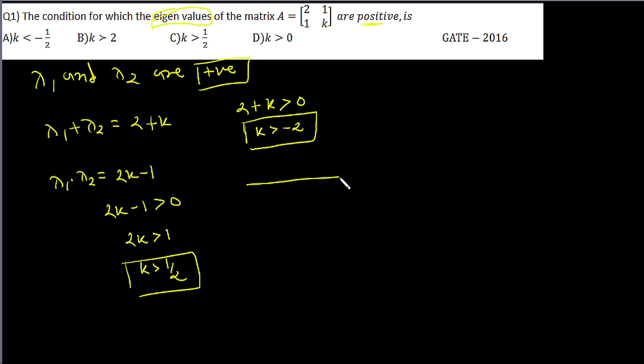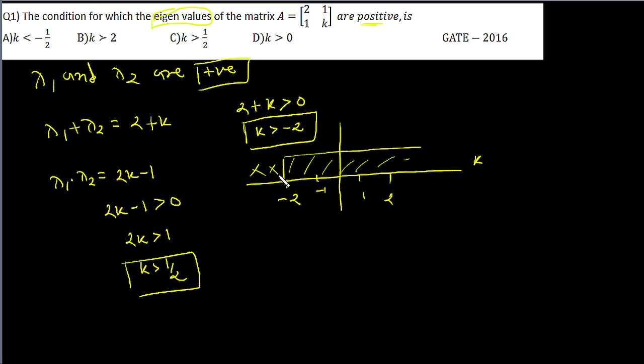Let's draw these conditions on an axis, and suppose this represents the value of k. Here is minus 2. The first condition says the value of k must be greater than minus 2, so we can select k from this range, and we cannot select k from that range. The second condition says k must be greater than 1 half, so 1 half is somewhere here.